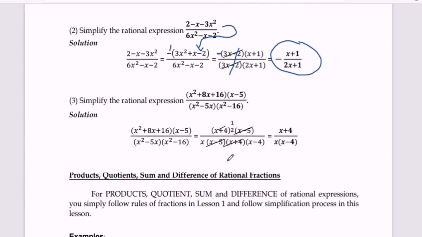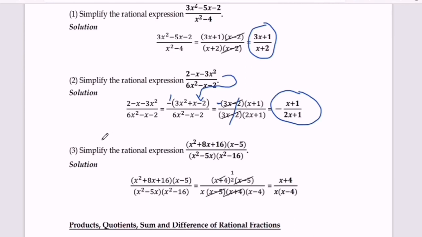For our third example, we're going to simplify the rational expression x squared plus 8x plus 16 times x minus 5 divided by x squared minus 5x times x squared minus 16. In this kind of expression, there is no need to multiply all the terms or use the distributive property.